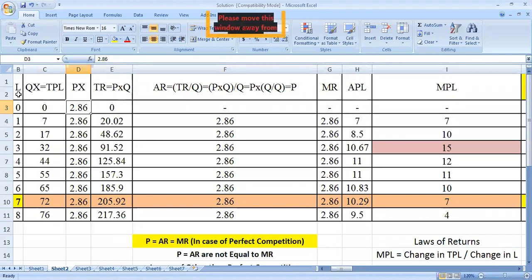What do we mean by the term homogeneous product? A product which follows the same attributes, which carries the same features, like its brand is the same, its packaging is the same, its quality is the same, right? A product with the same quality, same packaging, same labeling, same shape, everything the same.